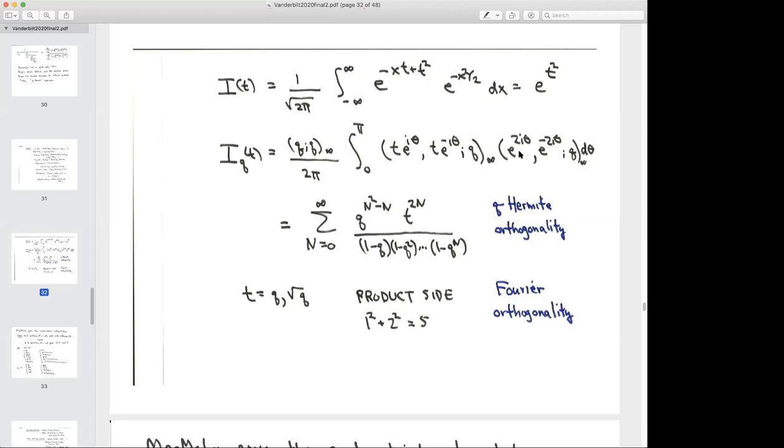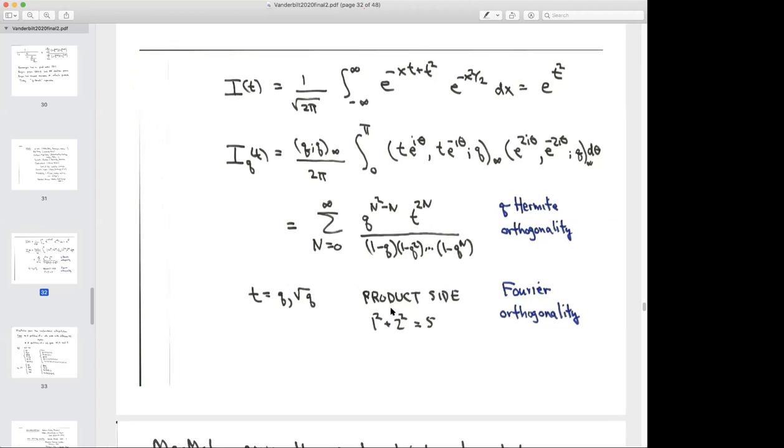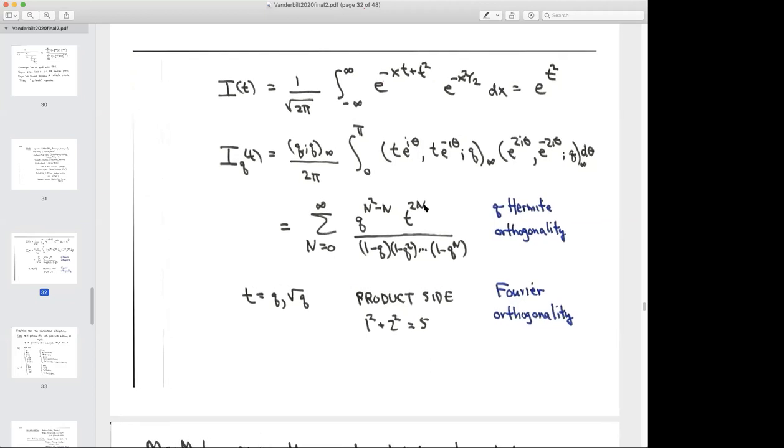If you do Fourier orthogonality, in other words, these exponentials are orthogonal, you get the product side. And the reason you get the product side with mod 5 is there's a 1 theta here and a 2 theta there, and 1 squared plus 2 squared is 5. That's where the 5 comes from.